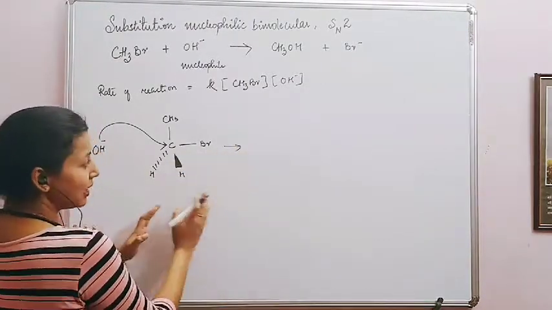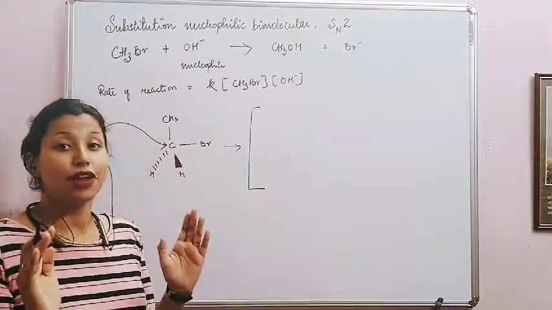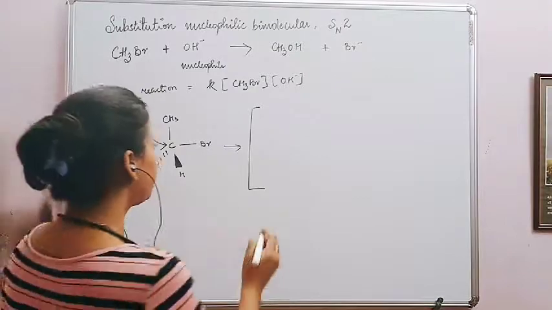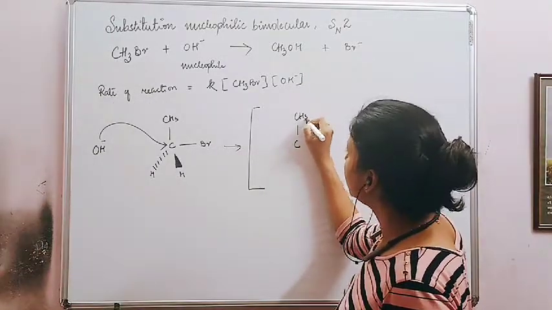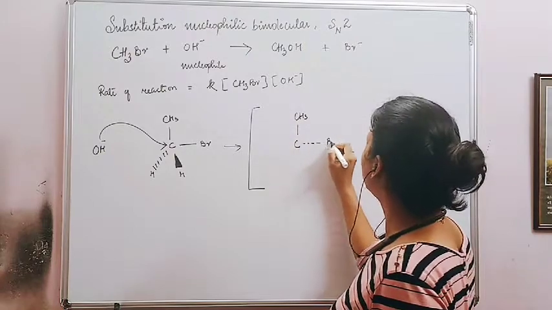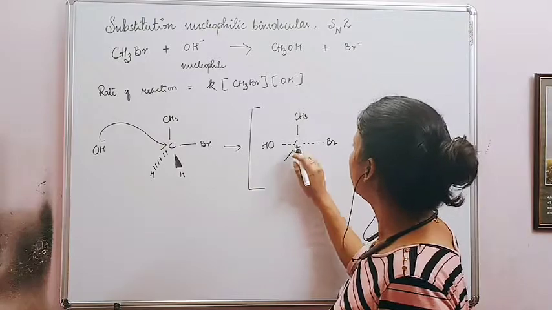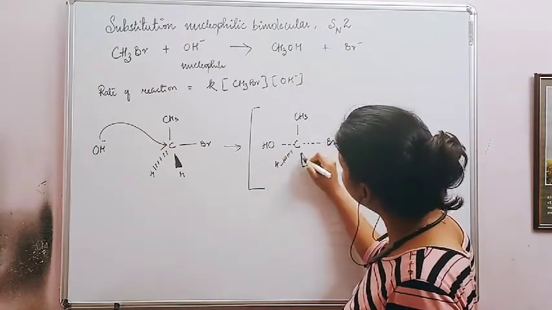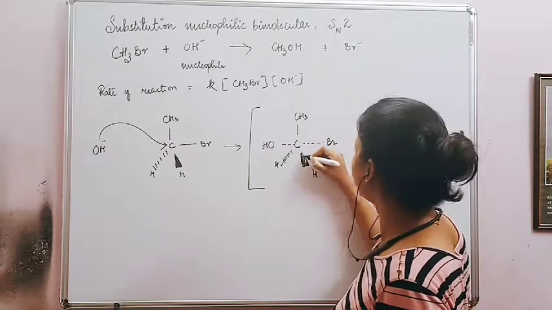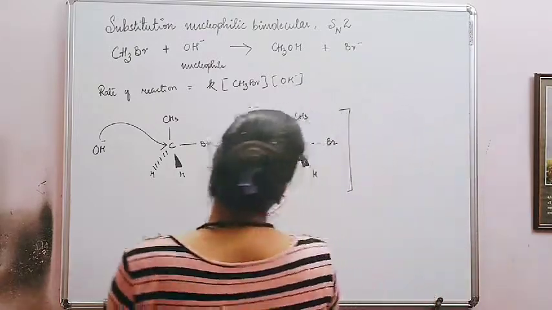So after the attack takes place, there is a formation of transition state. How? CH3 ... Br ... OH, and you have that H here, and the H here, that is the dashed bond.